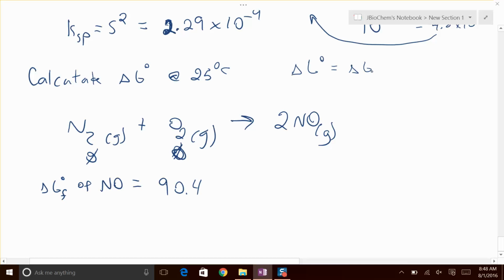Plus RT natural log of Q. What's all that? We'll be using that, we just haven't got there yet.